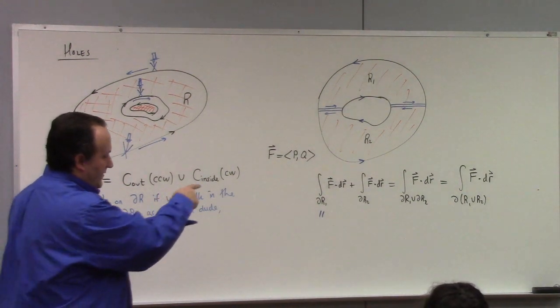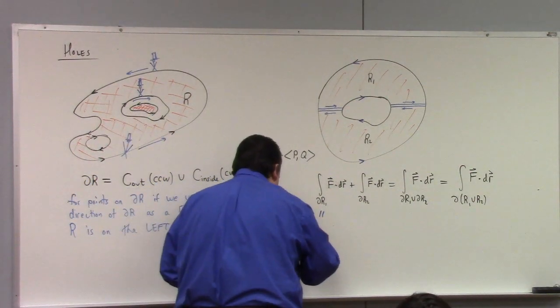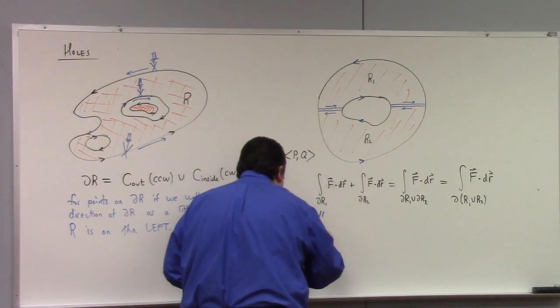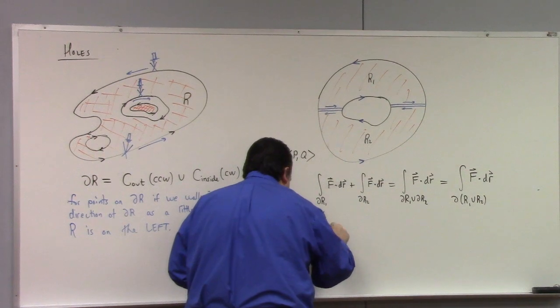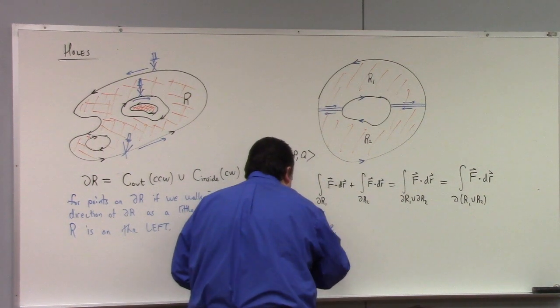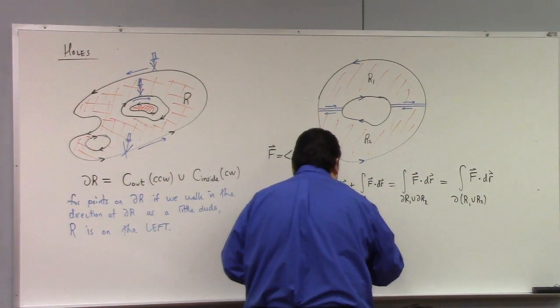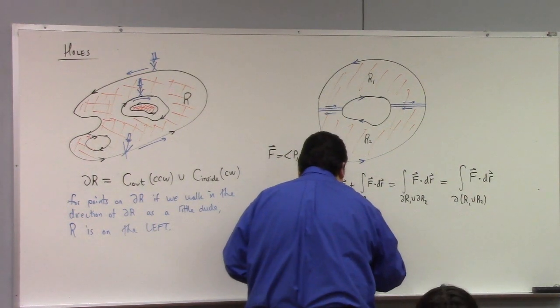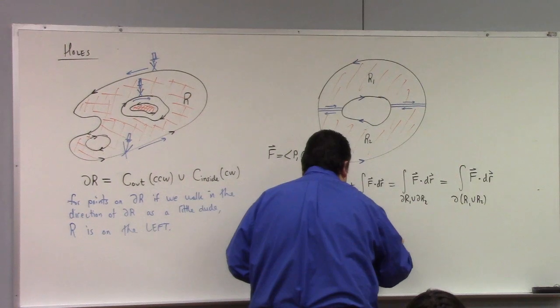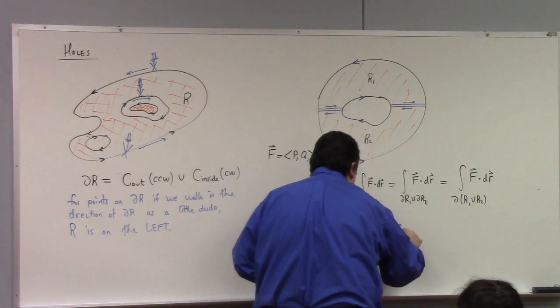Anyway, so on the one hand, we've got the double integral over R1 of partial q, partial x minus partial p, partial y. And then for this one, we've also got over R2 of partial q, partial x minus partial p, partial y.